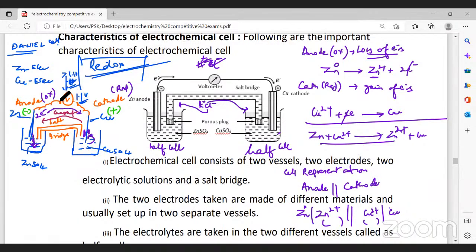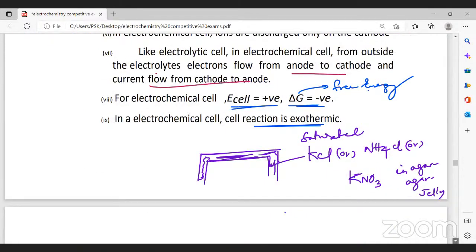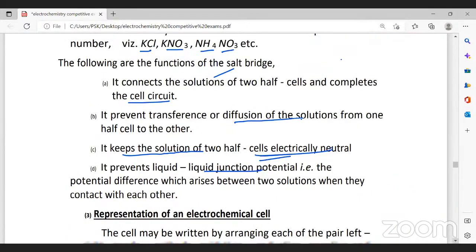If the external potential applied is greater than the potential produced by the cell, then the cell reaction is different. That means instead of current moving from cathode to anode, the current starts flowing from anode to cathode. These two conditions are required for the cell to be reversible.